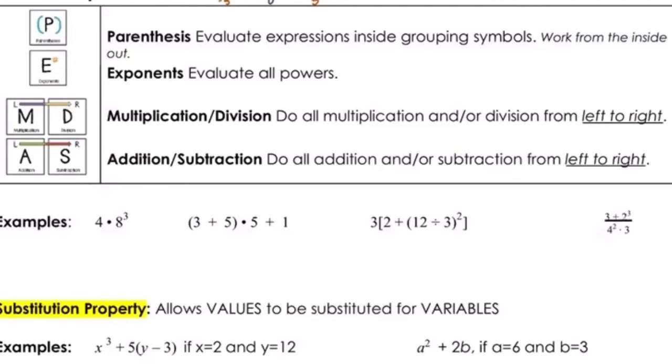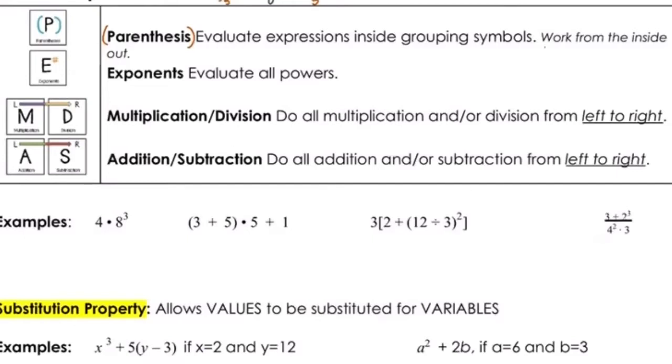So what we do is we use PEMDAS. This is probably something you're familiar with. P stands for parentheses. Parentheses are these little brackets that go around a group of numbers and operations. So what we're going to do is evaluate expressions inside grouping symbols.